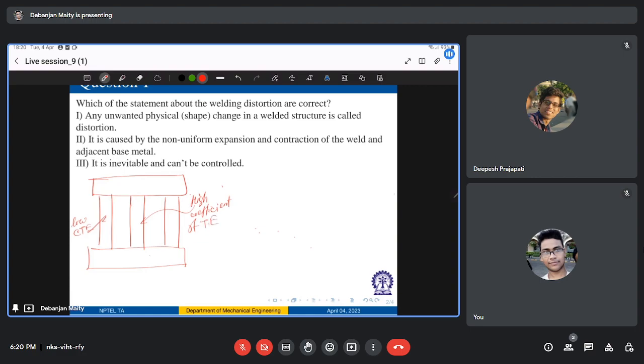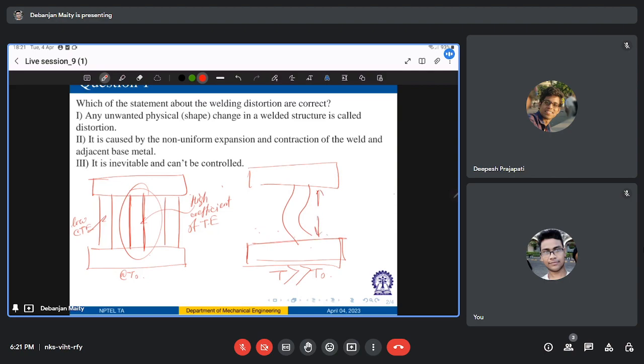Okay, so let us say this is at some temperature T naught, and then let us think of this way. So the middle one was at high coefficient of thermal expansion, and if you are increasing the temperature which is greater than T naught, whichever is having the higher coefficient of thermal expansion, it will try to buckle, is it not? Because of higher expansion coefficient. Yes, sir.